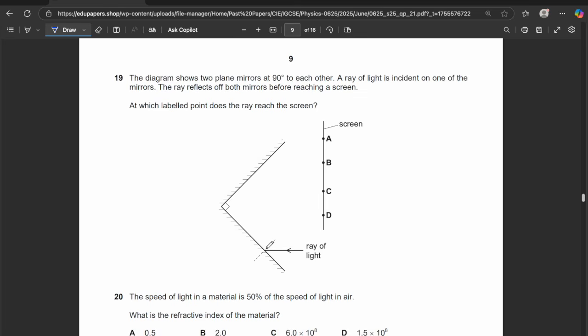So this is the ray of light, and if we try to draw with the same angle right here, you can see that it's about B. Yeah, you have to be careful about the angles right here, right? The laws of reflection say that i and r must be the same. So B.